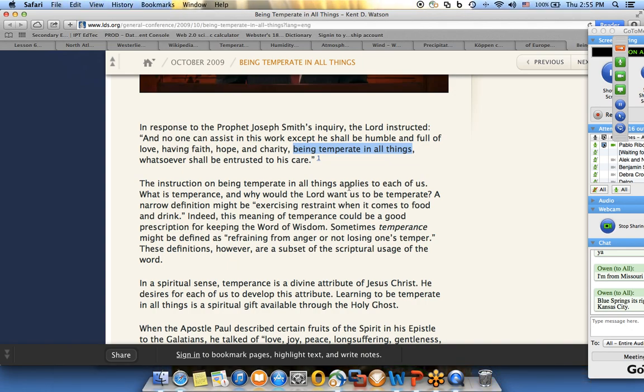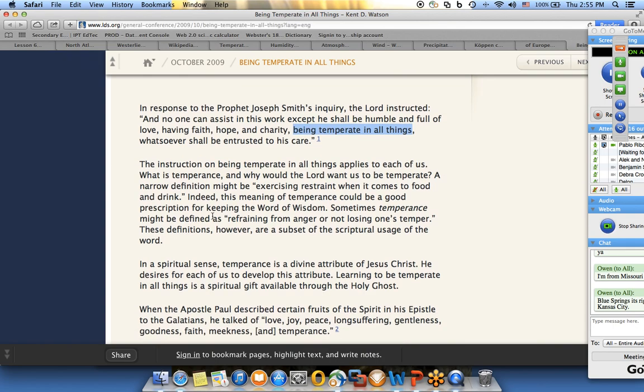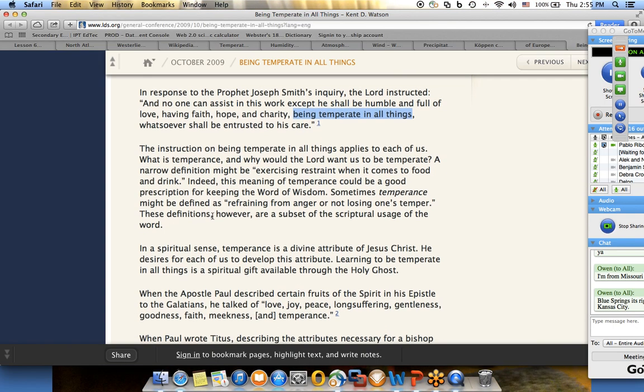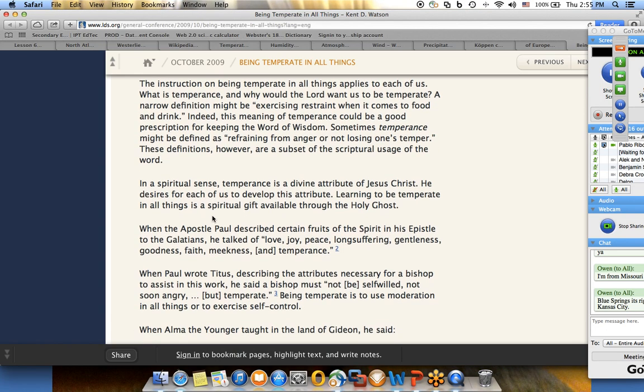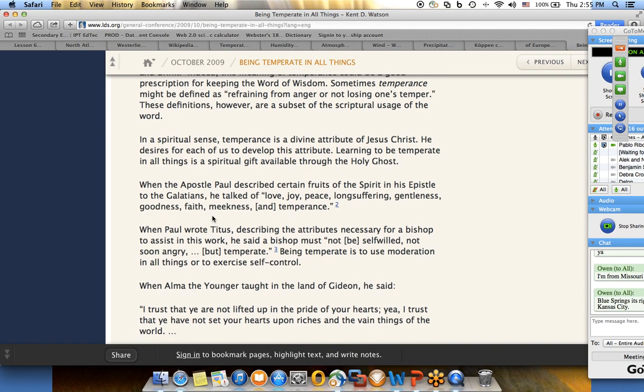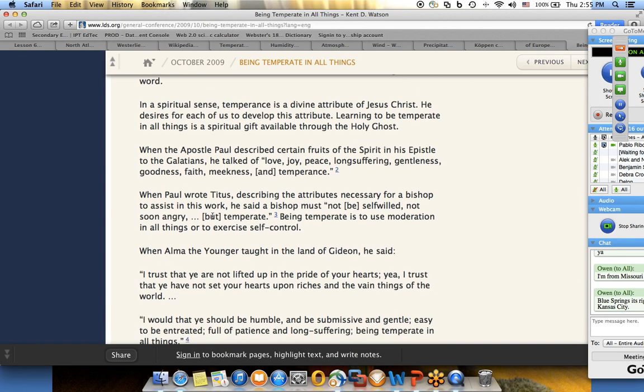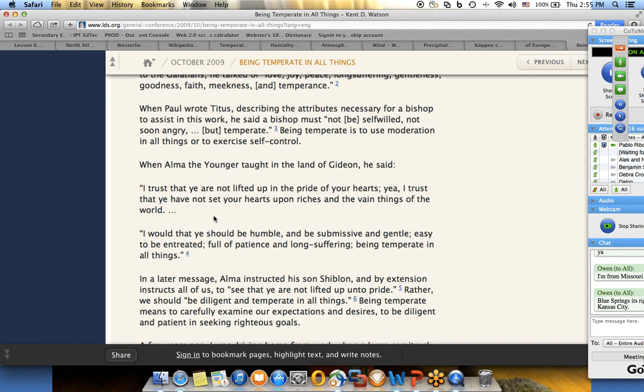Okay. So the talk goes on explaining what temperance is, or what it means to be temperate in all things.